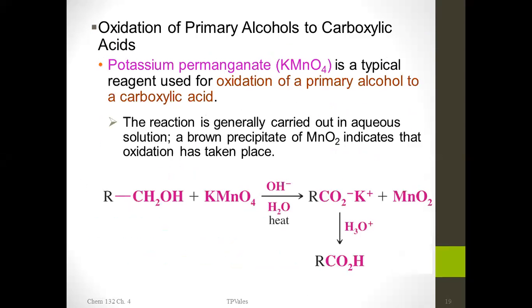But for KMnO4, instead, we don't get HMnO3, but instead we get MnO2. And you can see the oxidation state of manganese in MnO4 here is +7, and in MnO2 the oxidation state of manganese is +4. So KMnO4 to MnO2 is actually being reduced.